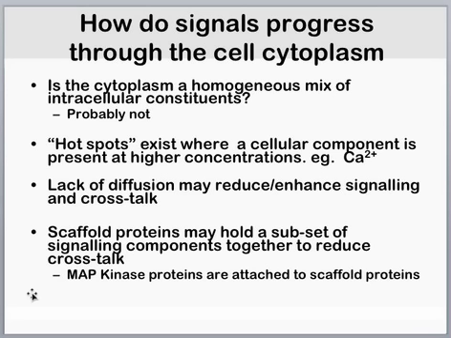Another way the cell maintains a signaling pathway is by having these proteins, which are typically referred to as scaffold proteins, which don't directly signal to each other, but they hold together molecules that do signal.